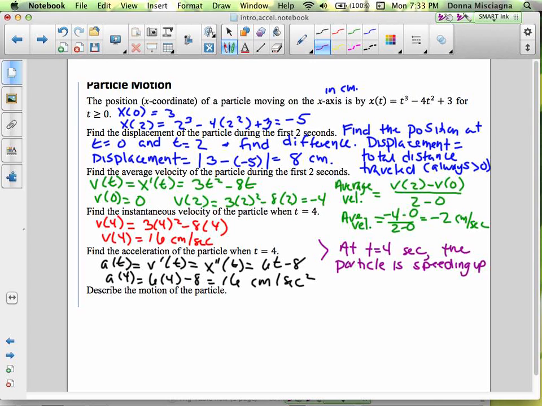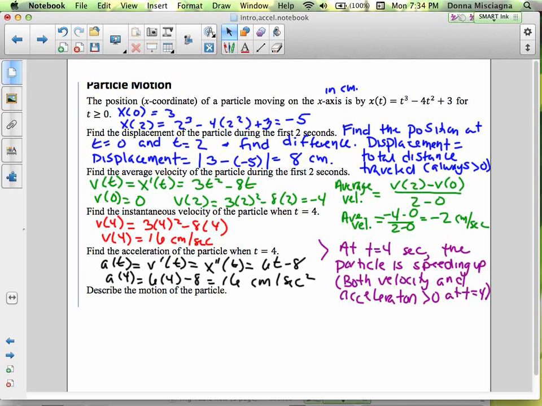How do we know? Both velocity and acceleration are greater than 0 at t equals 4. And there we go. So we know at least at t equals 4 seconds, our particle is speeding up.